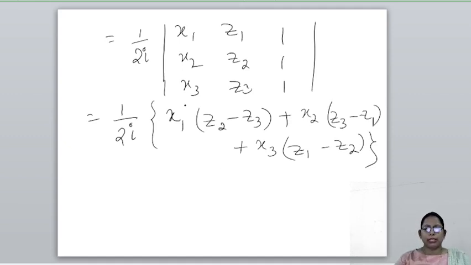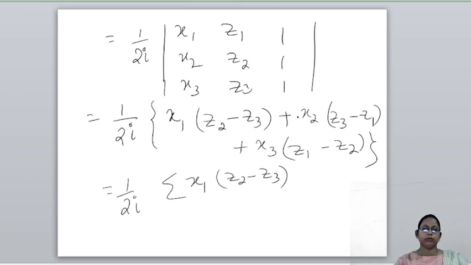So using the summation symbol, I will get this one: x1 times z2 minus z3. Here the actual sign is minus, then it is z1 minus z3. I have taken minus common. Minus minus will be plus, then x2 times z3 minus z1, so that I can use the summation symbol.